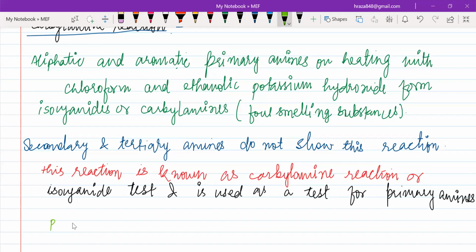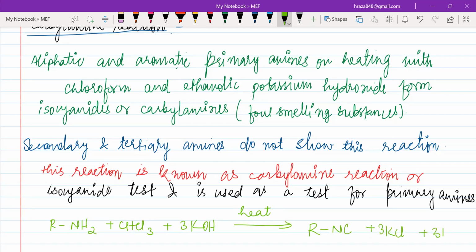You can see if you have a primary amine, you need to react this with chloroform in the presence of ethanolic potassium hydroxide and heat it. Then you will be getting RNC, 3KCl plus 3H2O. Just do let me know when you are done with this.